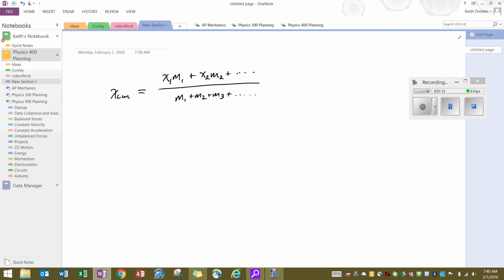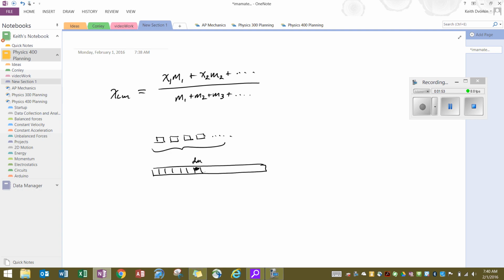All right, and the way that we turn this into an integration problem is, instead of thinking about something that's a bunch of discrete bits like this, where we want to find the center of mass of some system of objects that looks like this, now we can take a continuous object like this and break it up into a bunch of tiny chunks, each of mass dm.